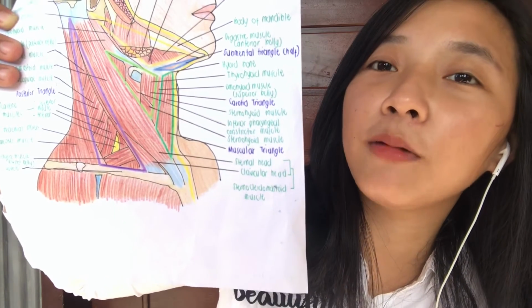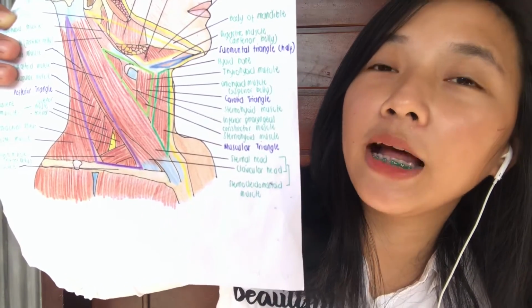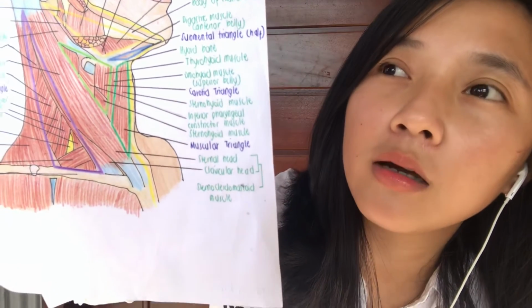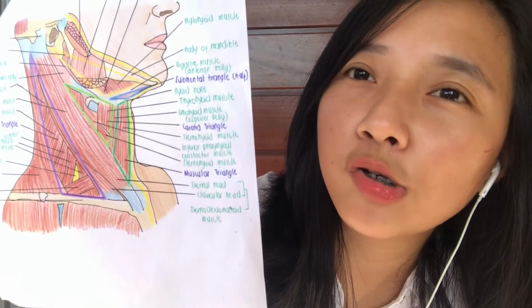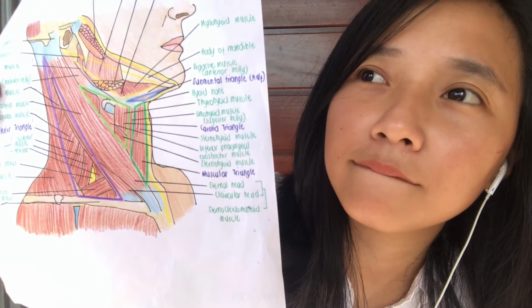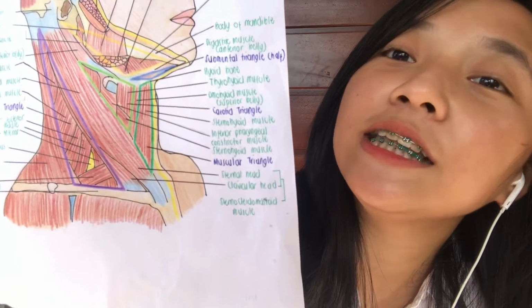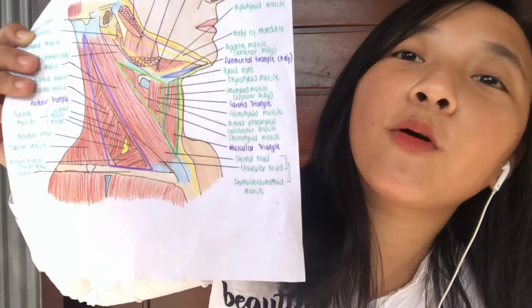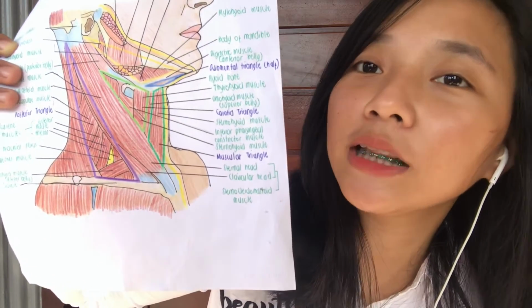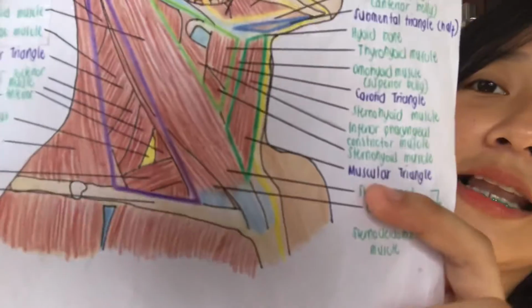Superolaterally, it is bounded by the superior belly of the omohyoid muscle, and inferolaterally, it is bounded by the inferior portion of the sternocleidomastoid muscle.